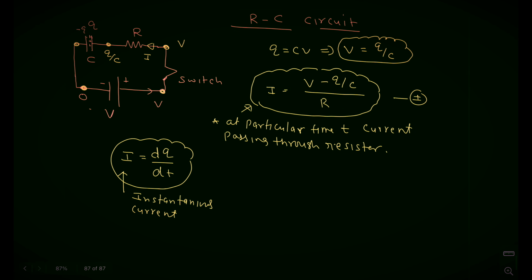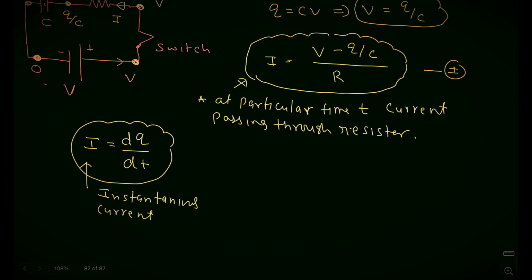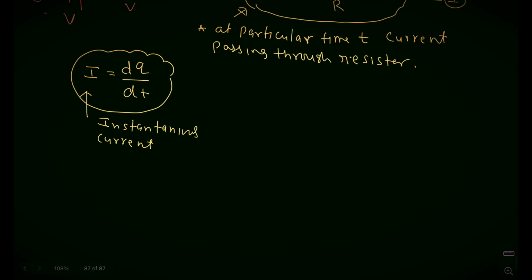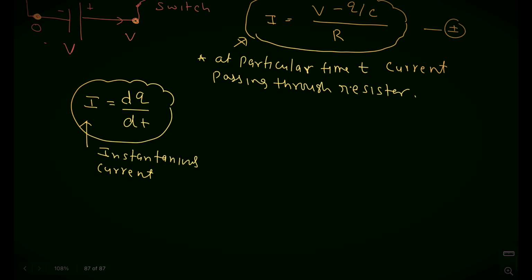Now I am going to substitute the current, I am going to write dq by dt. This is equation number second.